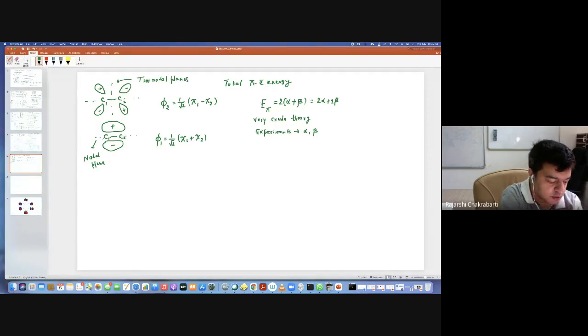Because this is not a rigorous theory, a very crude theory, you have to get help from experiment. This type of theory is called a semi-empirical theory. This Huckel pi electron theory is called semi-empirical theory.